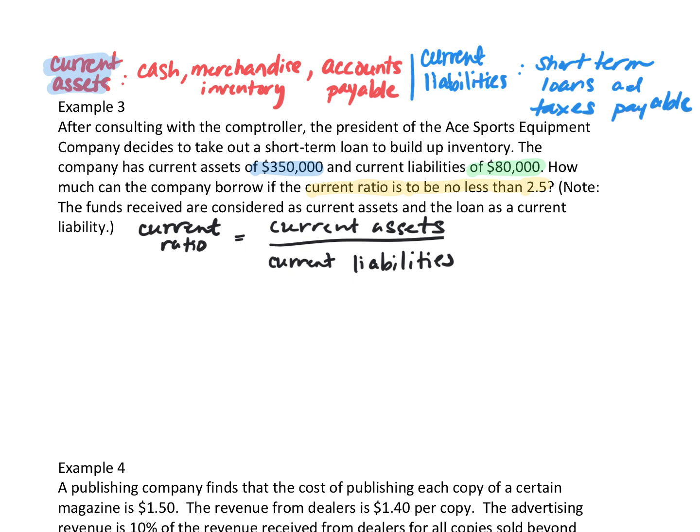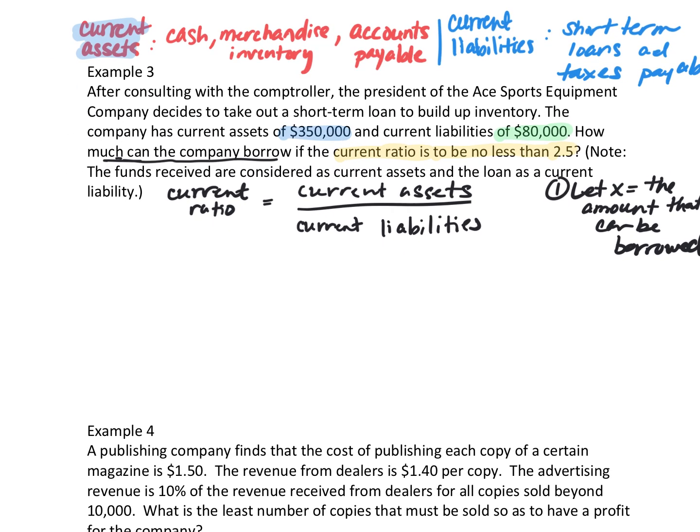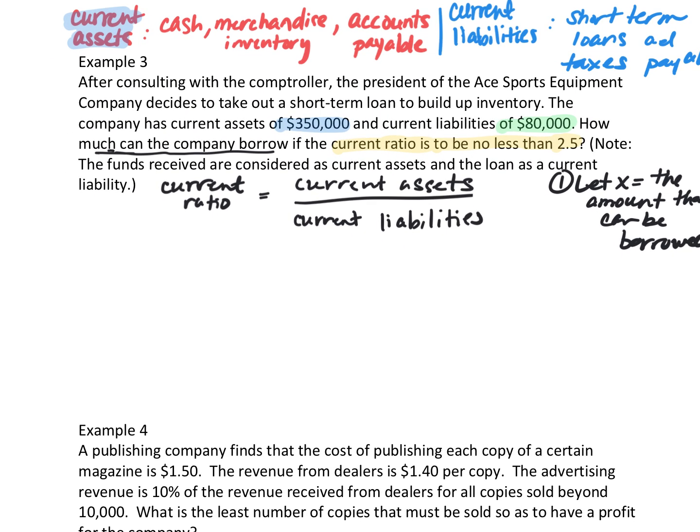Okay, so first let's define our variable. We're going to let x equal the amount of money that can be borrowed, because we want to know how much money can be borrowed. Now we have our equation, so let's write down the information we have.